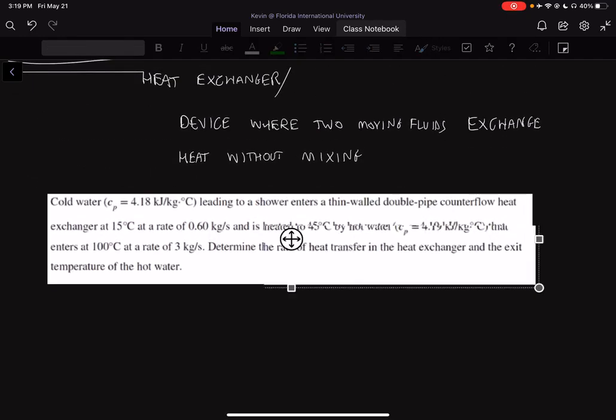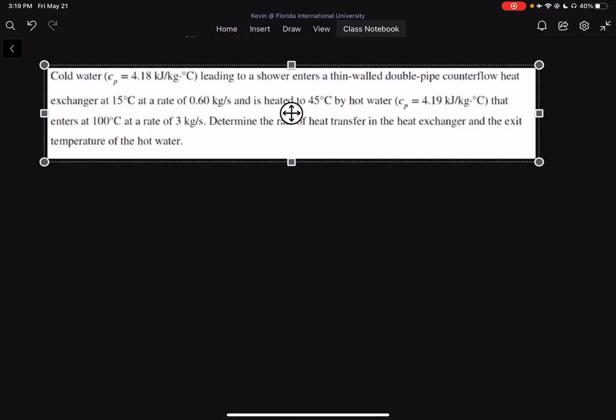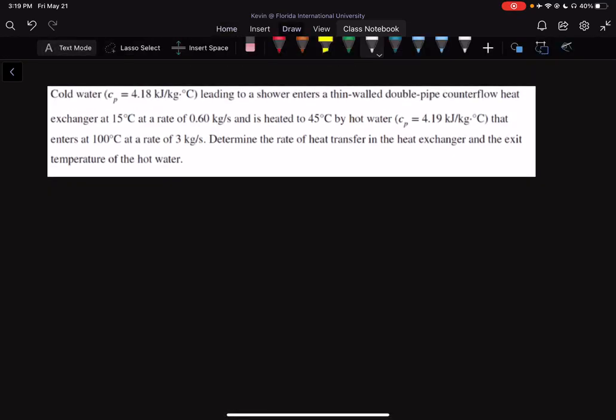We have an example that says cold water leading to a shower enters a thin-walled double pipe counterflow heat exchanger at 15 degrees Celsius at a rate of 0.6 kilograms per second, and is heated to 45 degrees Celsius by hot water that enters at 100 degrees at a rate of 3 kilograms per second. Determine the rate of heat transfer in the heat exchanger and the exit temperature of the hot water.